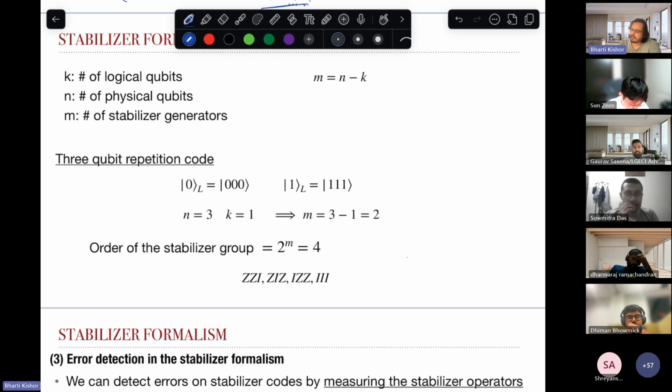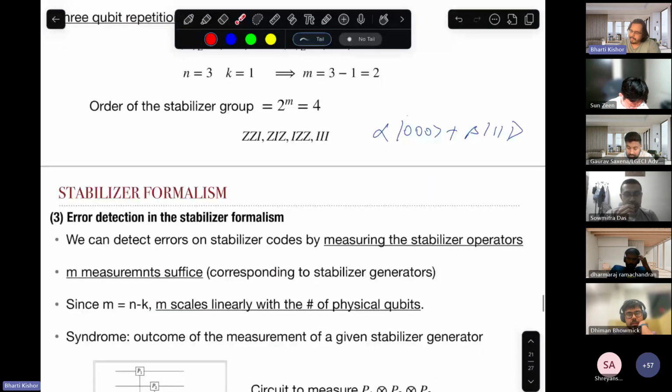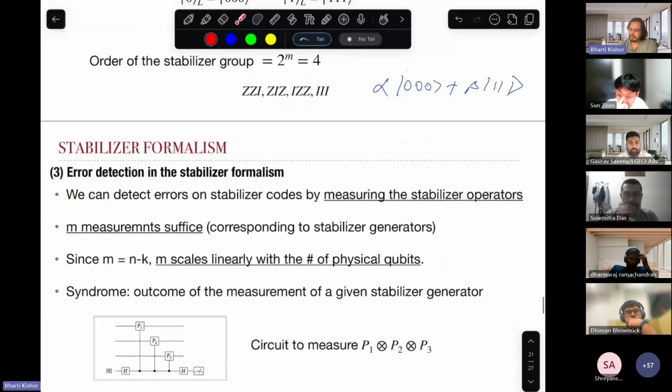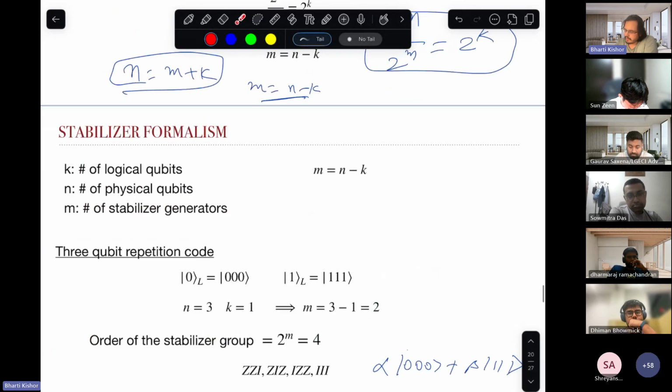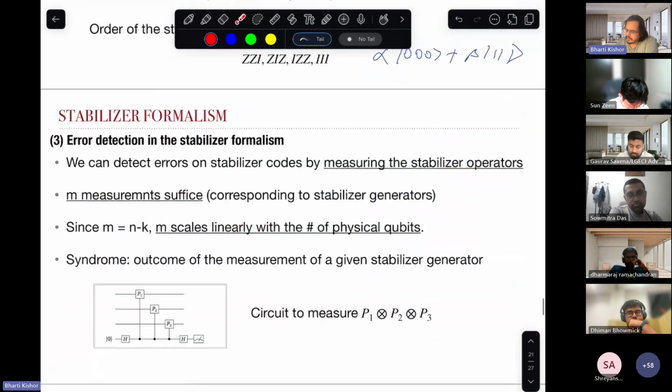So we had our code states look like alpha 000 plus beta 111, and you can in fact check that under the action of these operators, our code states remain stable, like you get +1. So we talked about the meaning of code vectors, code states here, and then we talked about the stabilizer generator.